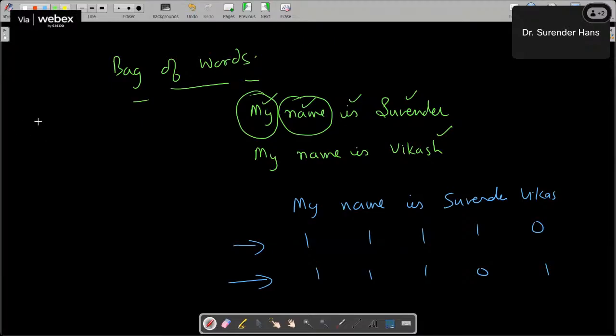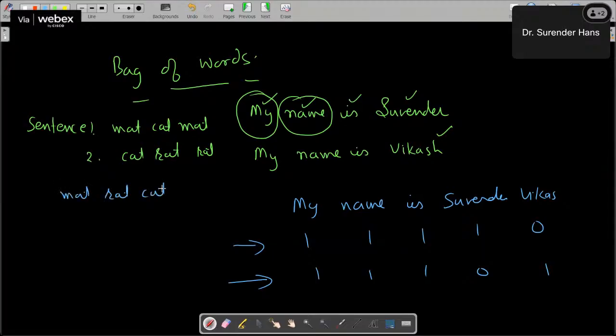Let's take one more example. The first sentence is "mat cat and mat". The second is "cat rat and rat". First you have to write the unique words: mat, rat, cat. For the first sentence it is 2, 0 and 1. Now can you give me the bag of words for the second sentence?